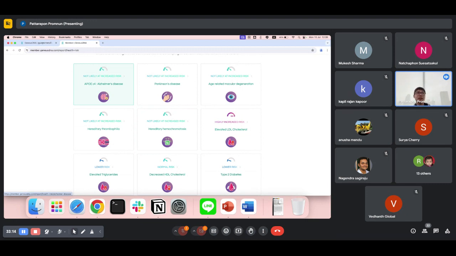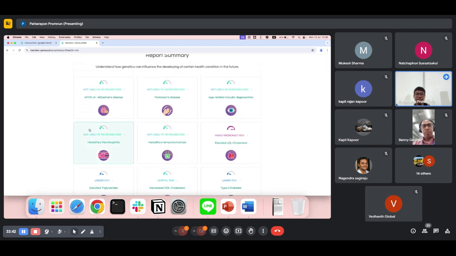Alzheimer is interesting because, what is the name of the actor who plays Thor? Chris Hemsworth. He also tested his DNA with another company, and he is at risk of Alzheimer disease as well.